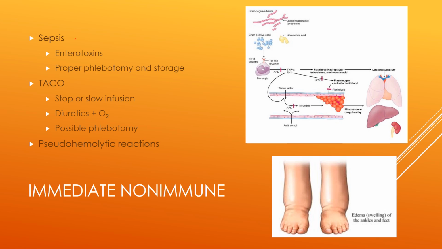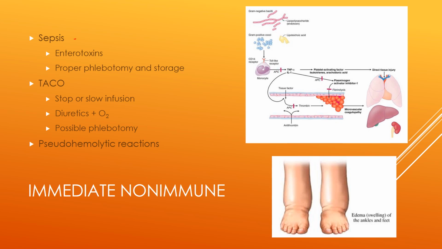You do have to perform phlebotomy in order to gain the units. While most bacteria would not survive the storage temperatures that we keep these components at, with the exception of platelets, platelets have to be tested for bacteria, but your other components don't. So bacteria don't necessarily survive the storage temperatures, but their toxins do, okay?